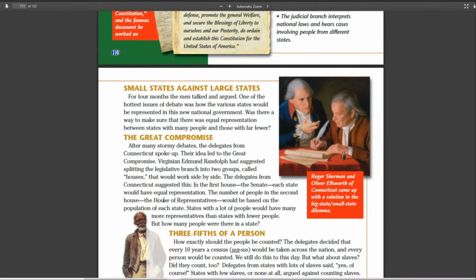In Wyoming, they have one member in the House because of a very, very small population, but they also have 2 senators. Okay, so every state, no matter what, has 2 senators, but then the House of Representatives is based on how big your population is.